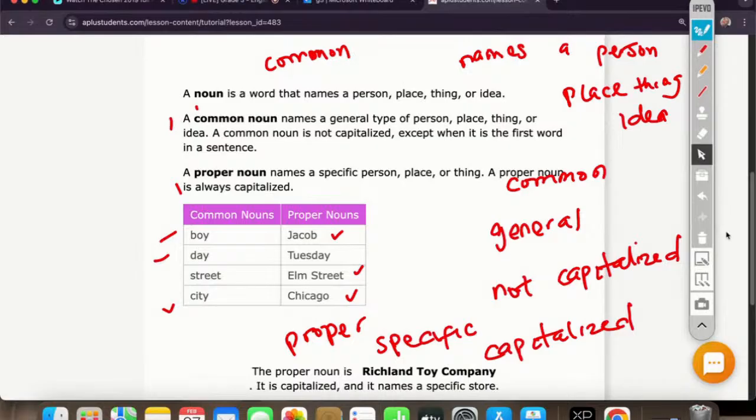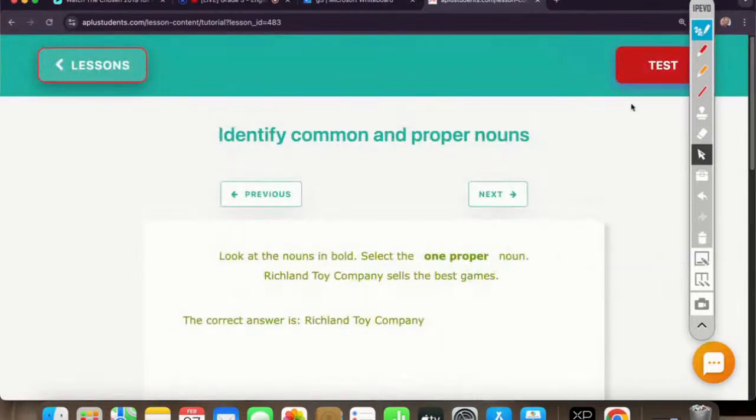While you share your answers, let's look at the examples here. Look at the nouns in bold. Select the one proper noun. Which Richland Toy Company sells the best games?